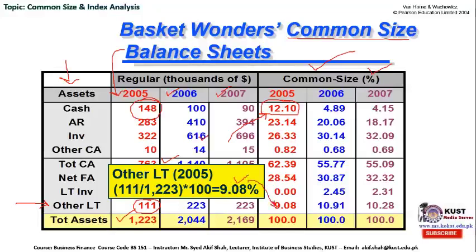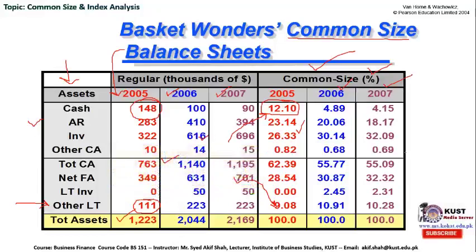So this is the way we can make a common size analysis. For each head of account, we use the same formula: divide the relevant value by the total assets and then multiply it by 100 to get the relevant percentage. With the same mechanism, we have calculated the common size percentages for 2006 and 2007 as well.